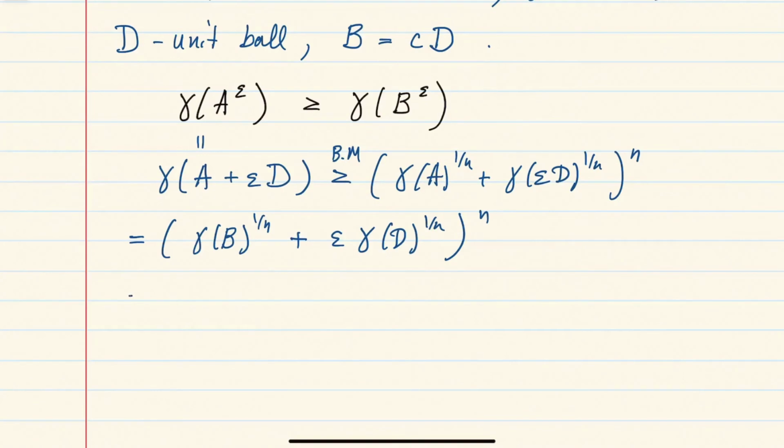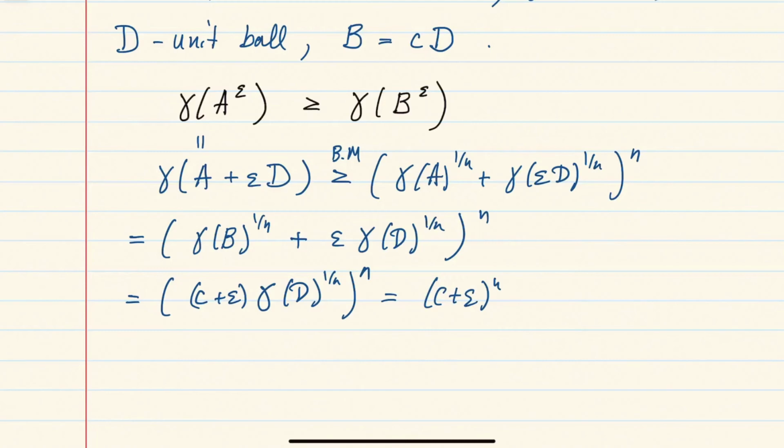Now the same in the first term. If the ball B is C times the unit ball, you can also take this C outside. So you will get C plus epsilon times gamma of the unit ball to the 1 over n, to the power n. So that will be C plus epsilon to the n times the volume of the unit ball.